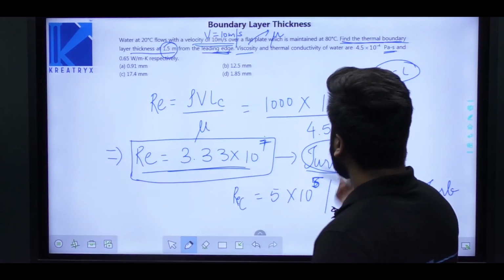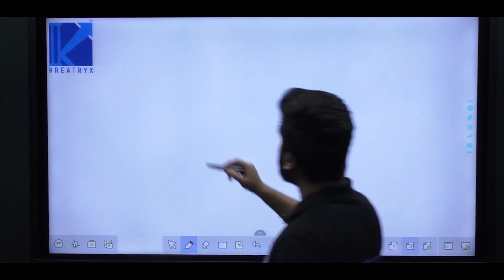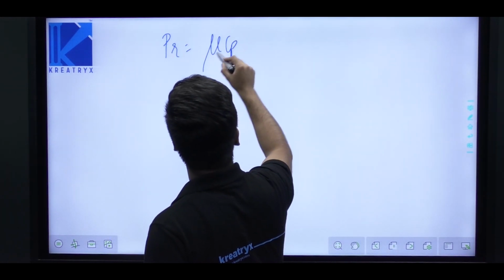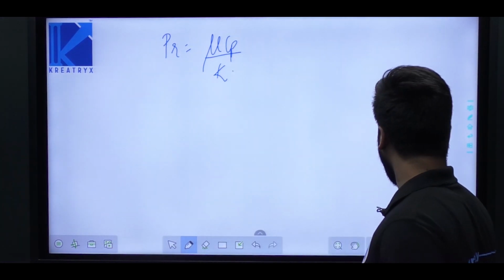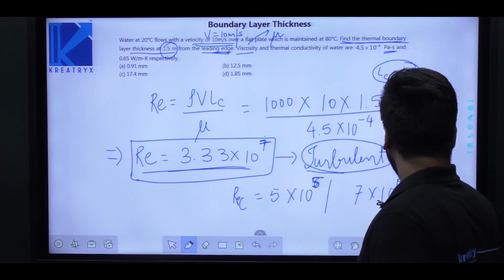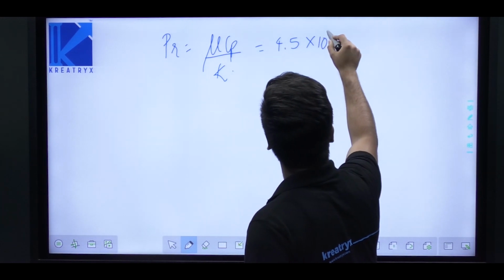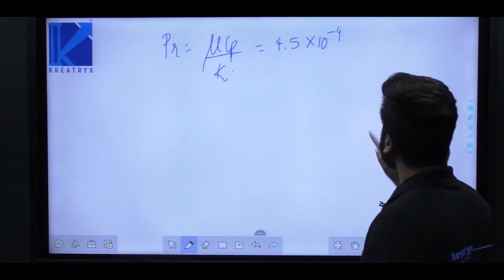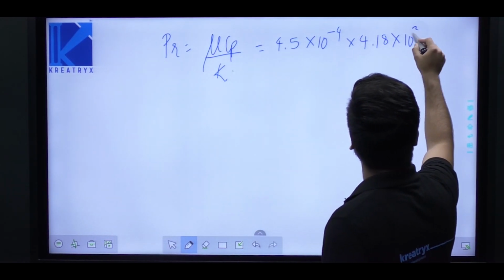Let's find out the next number, that is Prandtl number. Prandtl number is mu Cp by K. What is mu? Mu is 4.5 into 10 to the power minus 4. Cp is not given to you; you can take it as 4.18 into 10 to the power 3 joule per kilogram Kelvin.